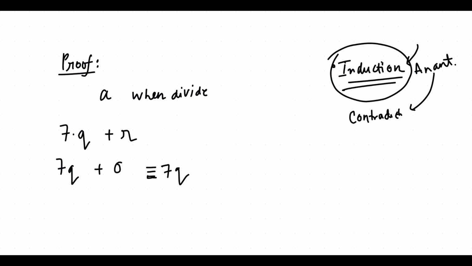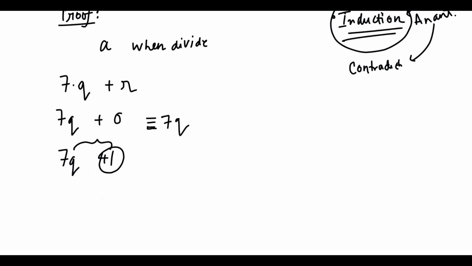Now if we say 7q plus 1, it is not divisible by 7, and the remainder when dividing by 7 is 1. Actually, you can write it directly using Euclid division. Any number, if we divide it by 7, can be written as 7n plus r.